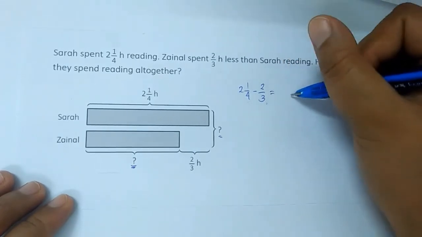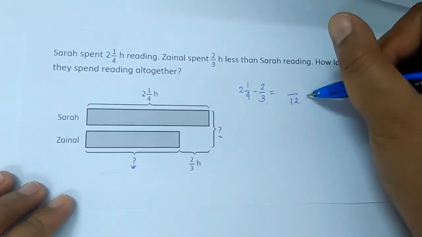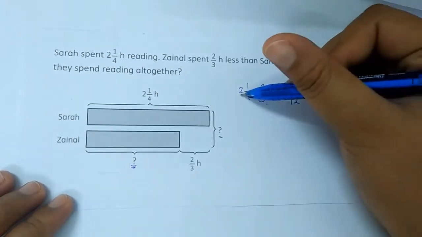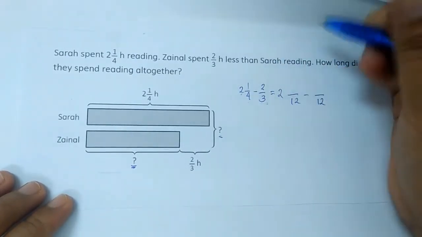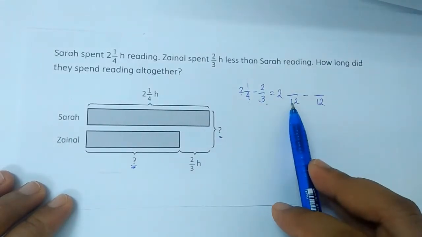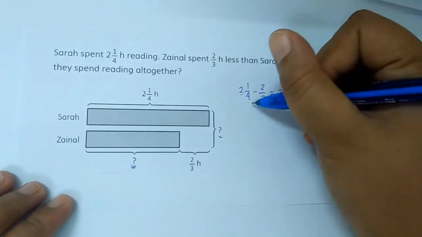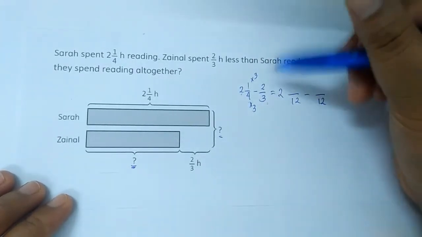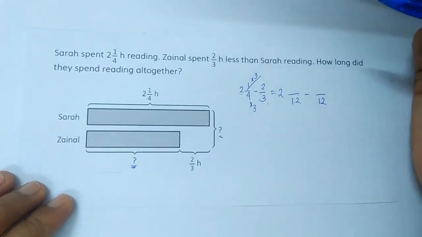So we need to make the denominators 12. We need to copy the whole number here, 2. How do we make 4 into 12? Very good. Times 3, times 3. So 1 times 3 is 3.